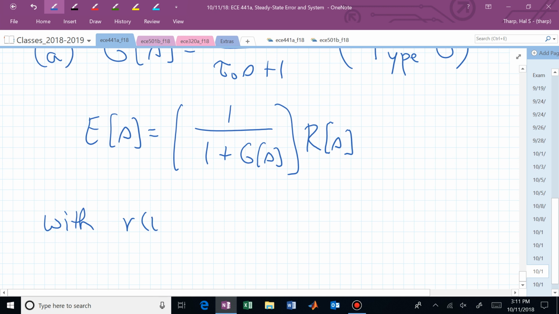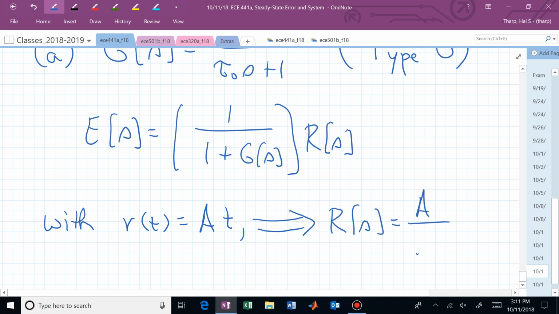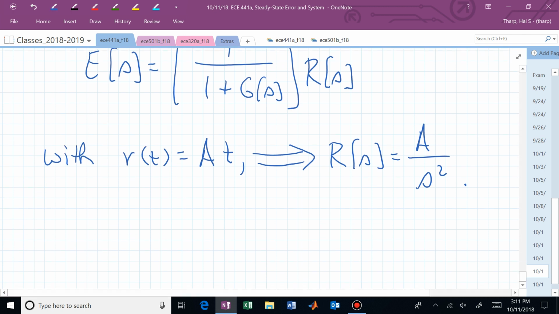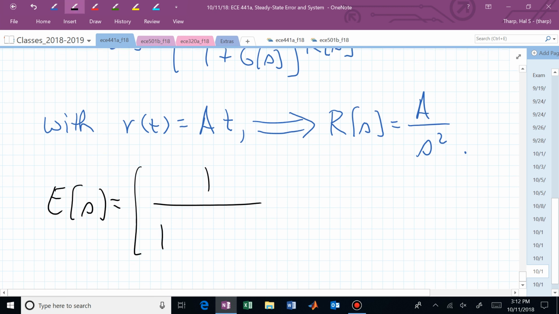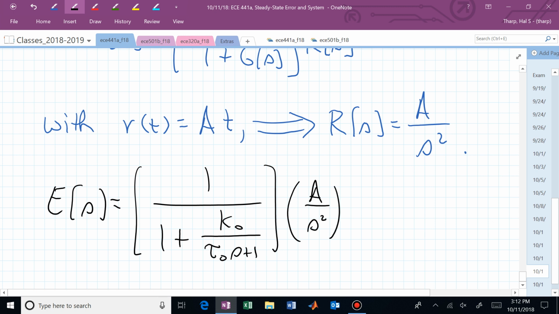Now we're saying r of t is at, but in the frequency domain that Laplace transforms into a over s squared. With that as our reference input, our expression for the error signal E of s becomes 1 over 1 plus k sub 0 over tau sub 0 s plus 1, times a over s squared.